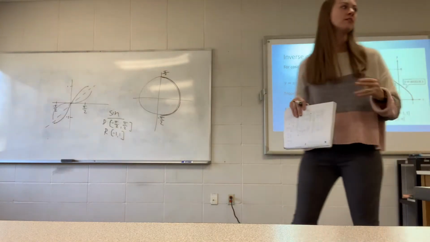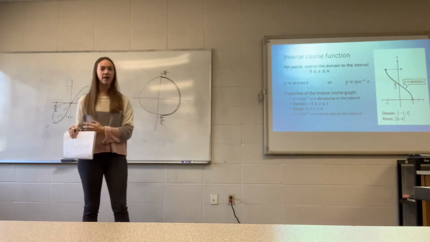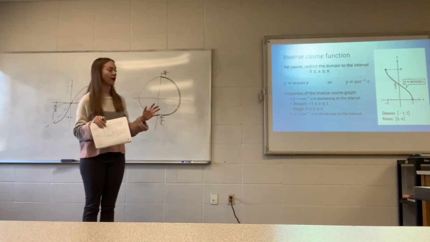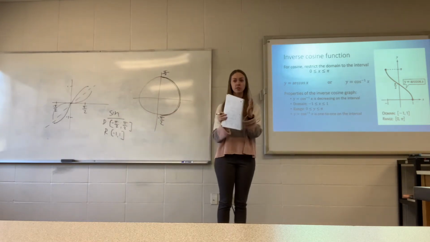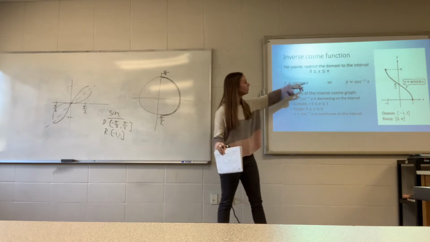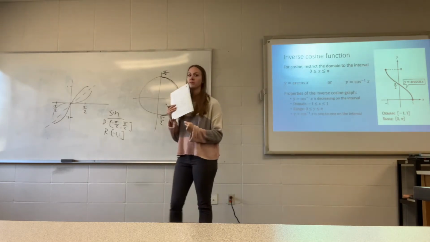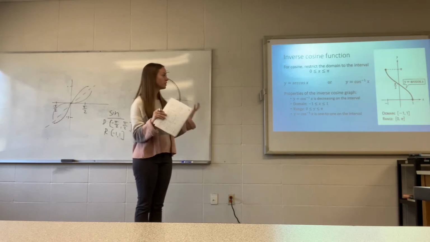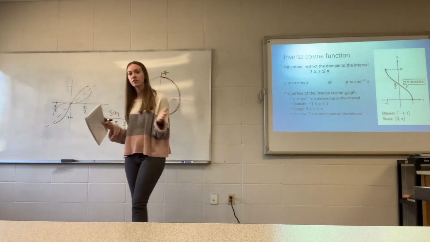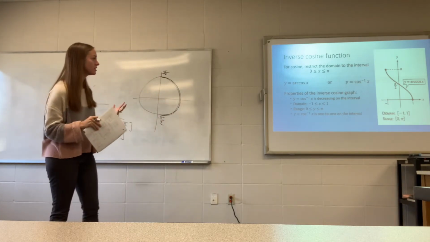Okay guys, so cosine, if I have my original cosine graph, not my inverse one, I also have to restrict my domain of that. So we're gonna restrict our domain from 0 to pi for that graph. Once I restrict it from 0 to pi, I can use that to find my inverses.